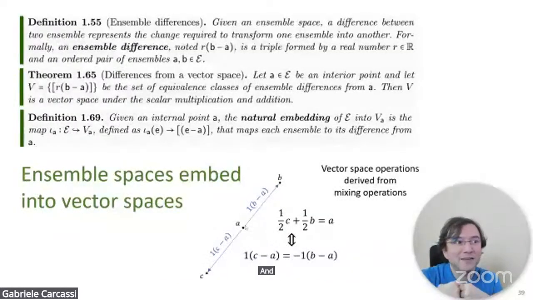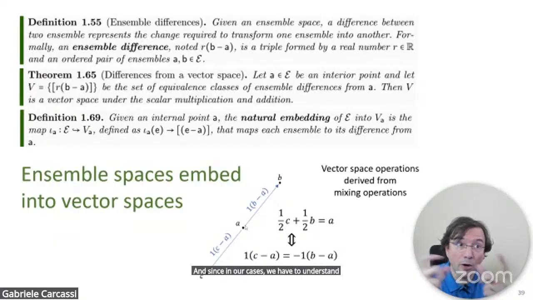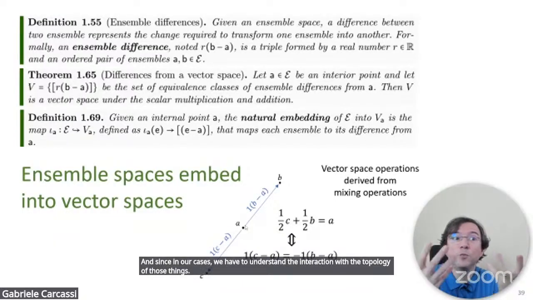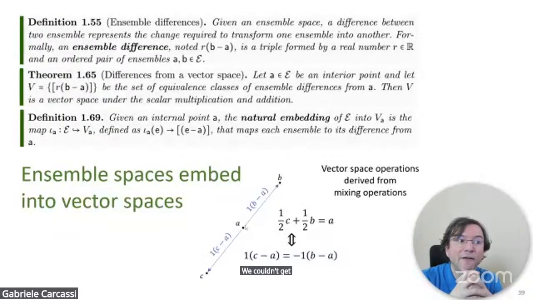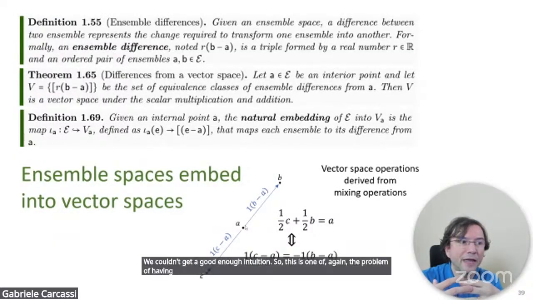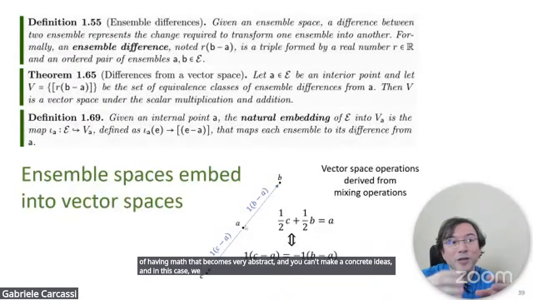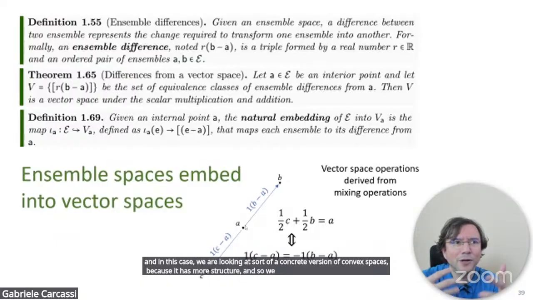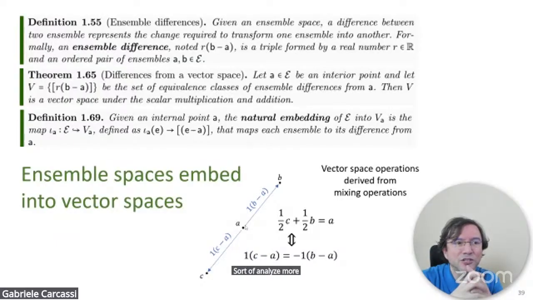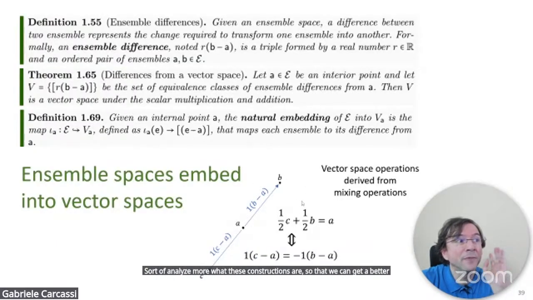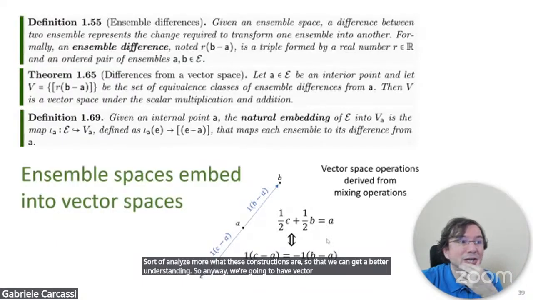Since in our case we have to understand the interaction with the topology of those things, we couldn't get a good enough intuition. So this is the problem of having math that becomes very abstract, and you can't make concrete ideas. In this case, we are looking at a concrete version of convex spaces because it has more structure, and so we need to analyze more what these constructions are so that we can get a better understanding. So anyway, we're going to have vector spaces, which is important.